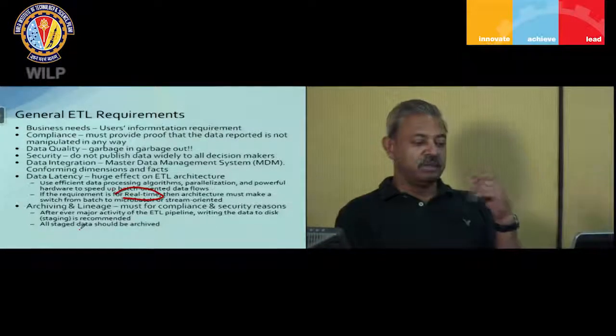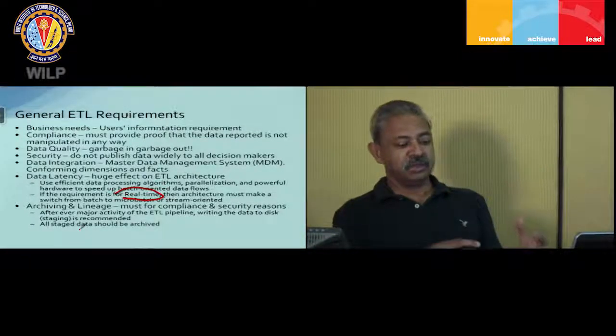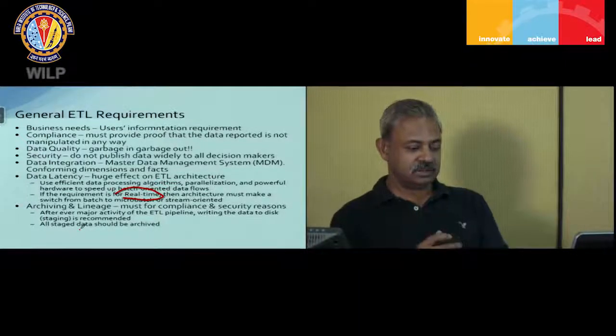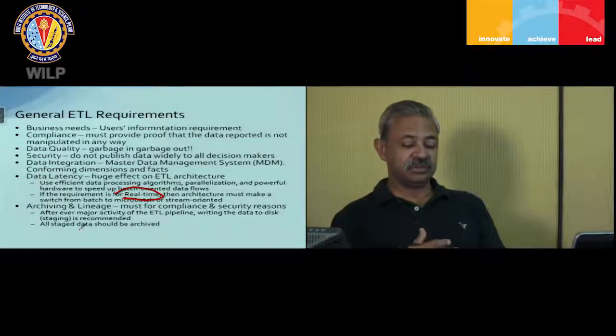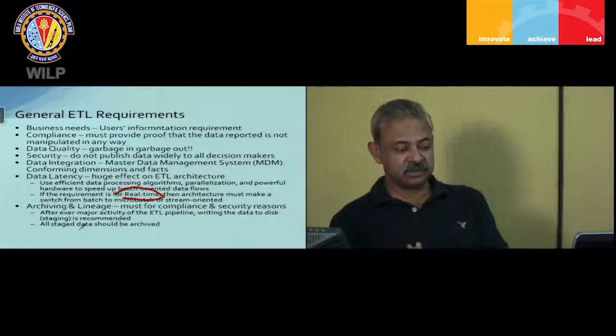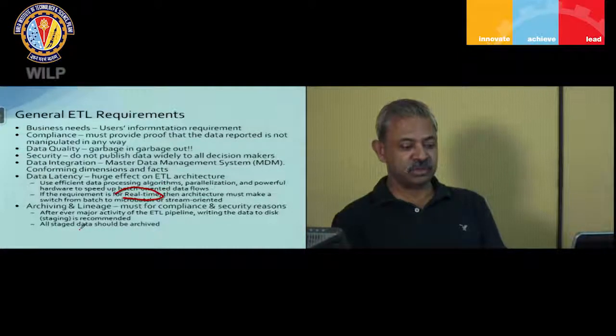Batch oriented means you may want to stage the data and then process it and then put it in the data warehouse. In stream oriented, you don't stage the data, you just process it as it comes and then put it directly into the data warehouse.